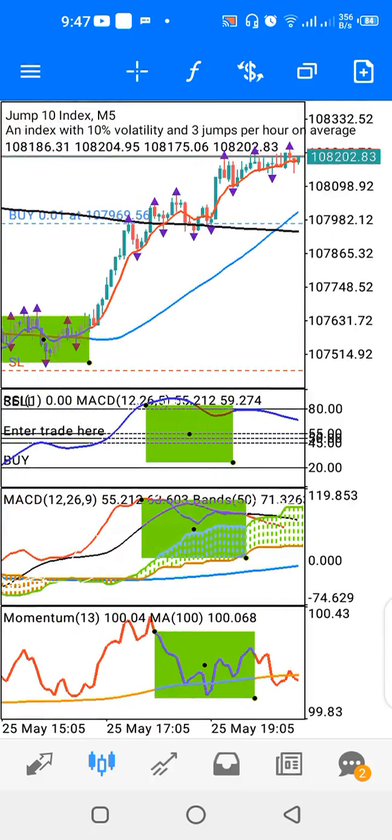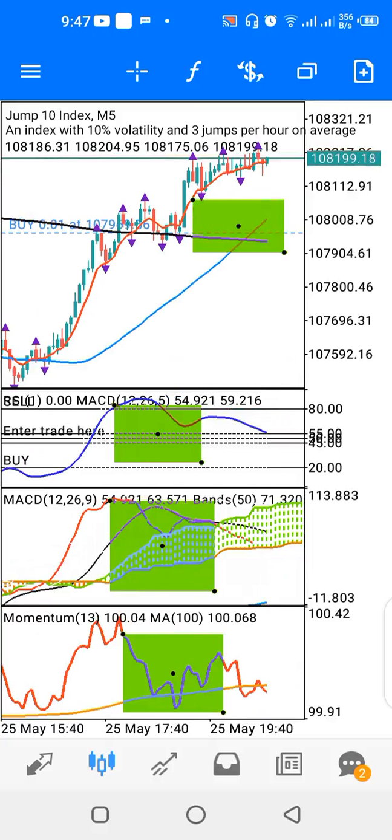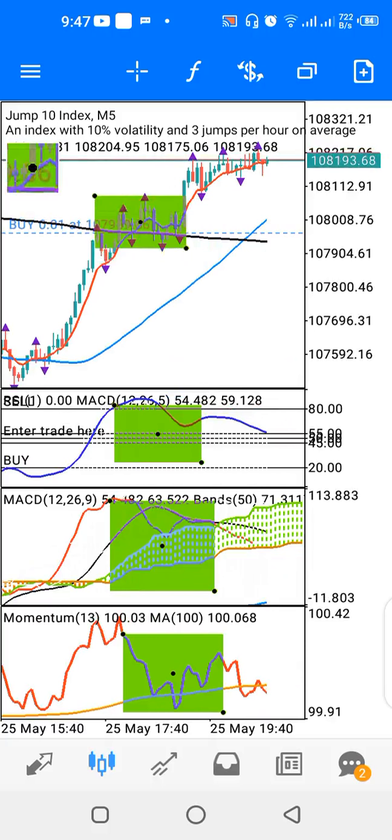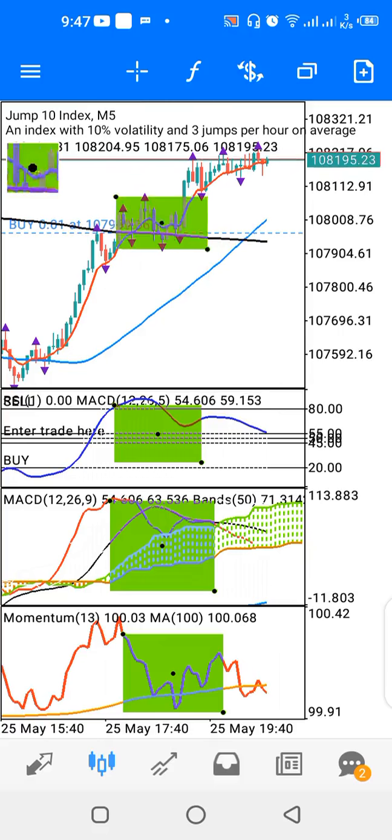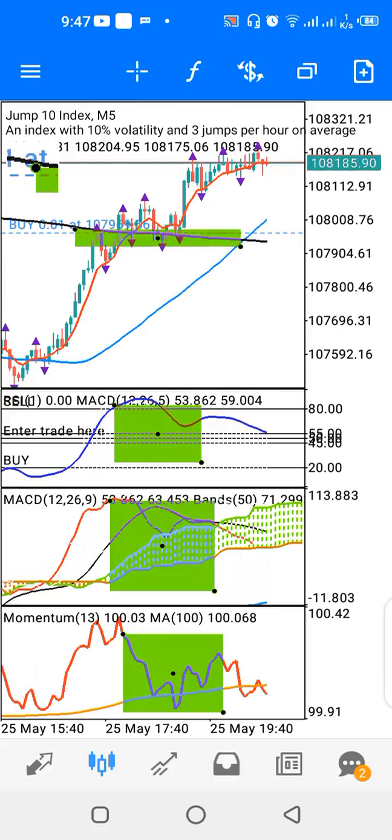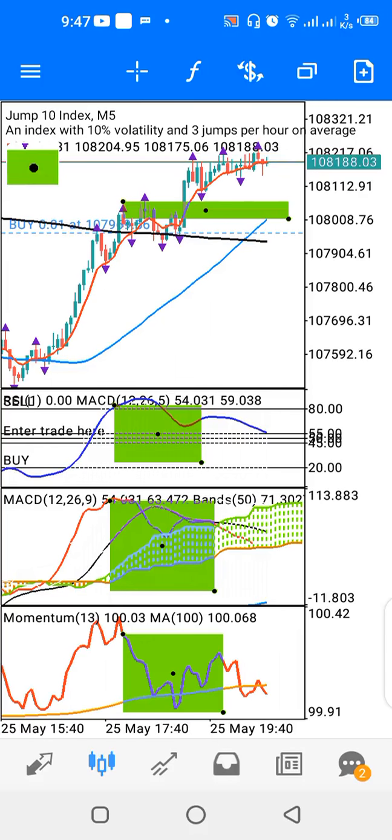Like on my screen, I was able to enter trade somewhere around here, and I'm in profit. Okay, so I can place stop loss to protect this trade. Anywhere around here, I can place my stop loss in case price reverses.